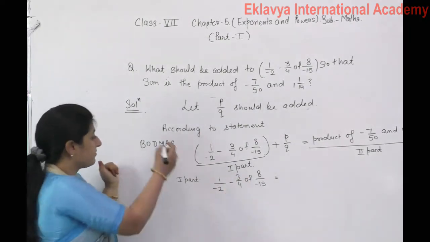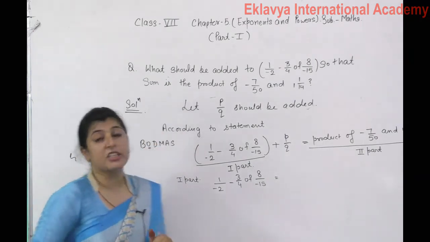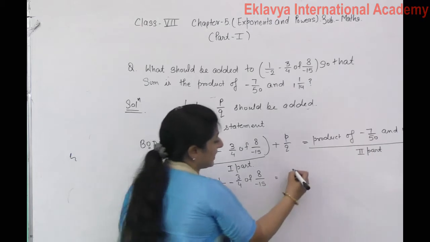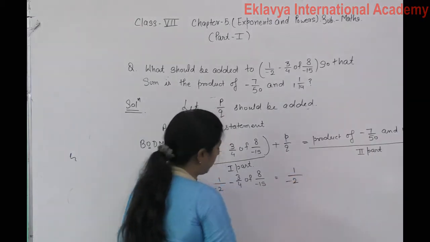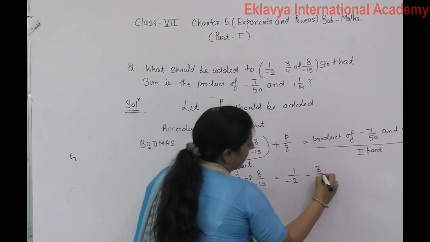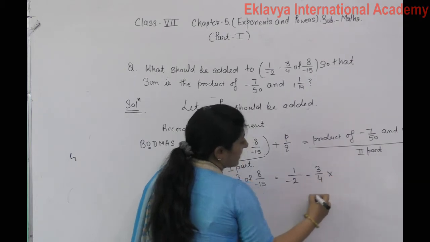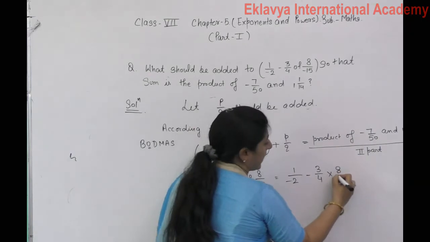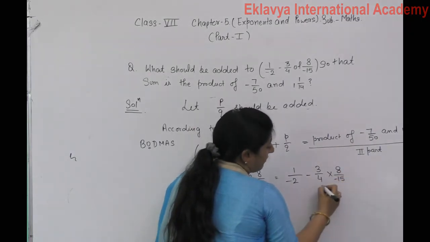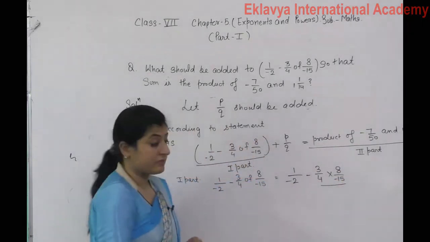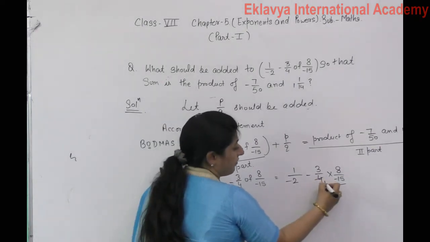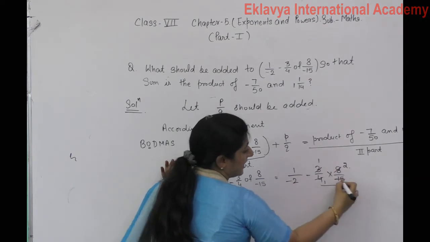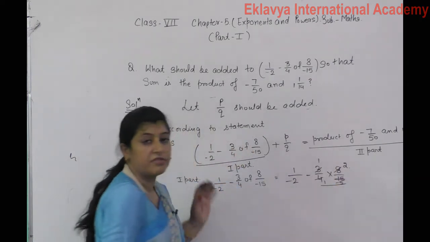It means before subtraction we will solve the of condition, so it becomes 1 upon minus 2 minus 3 by 4 of 8 upon minus 15. Of means we will multiply. Firstly solve this thing. 4 ones are 4, 4 twos are 8, 3 ones are 3, 3 fives are 15.